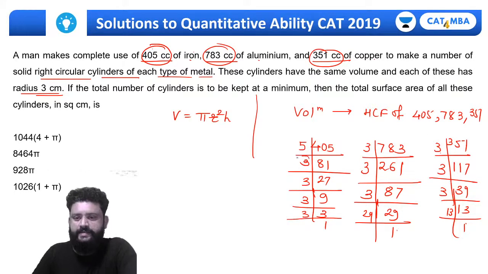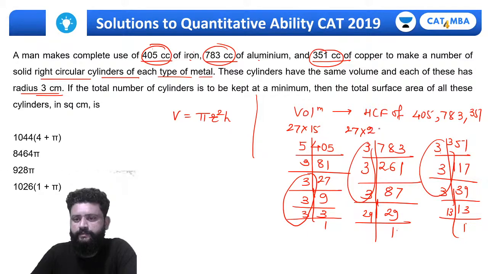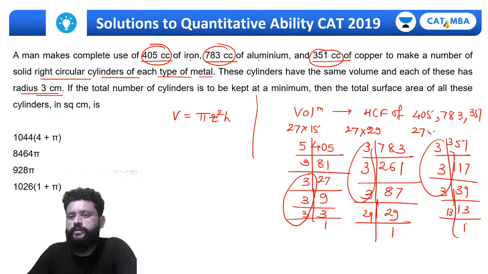Okay, so if you take the HCF, that is 27, 27, 27. This is 27 into 15, 27 into 29. This is 27 into 13.